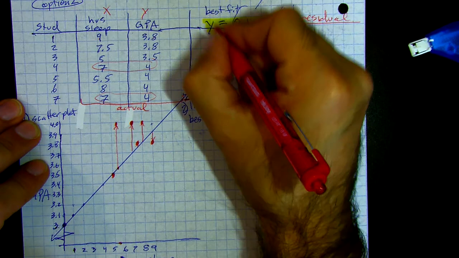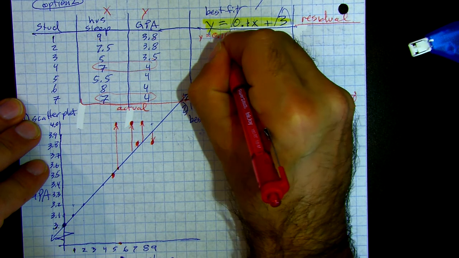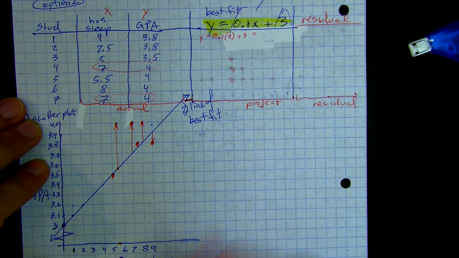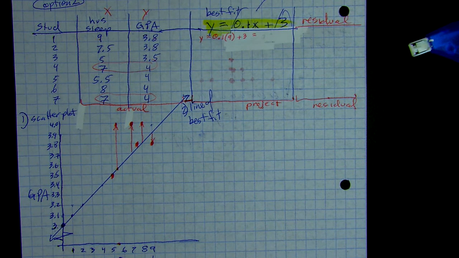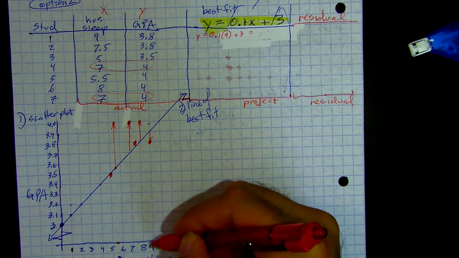So let's do it. y equals 0.1 times 9 plus 3. And what does that give us? 3.9. 9 times 0.1 plus 3 is 3.9. Yeah. That makes sense because look, at 9 hours, look where the line is.